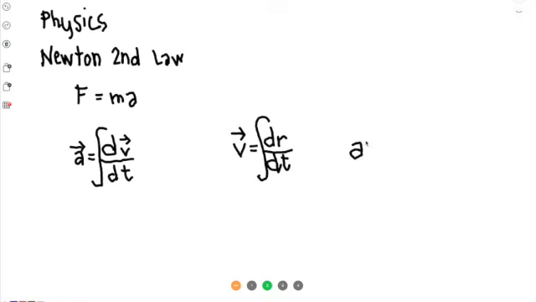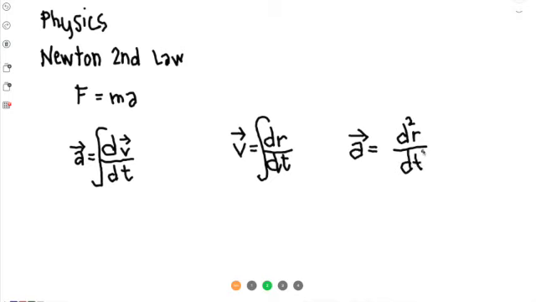So we can simply put that the acceleration of a body would be, just let me write it this way. So this would be the second derivative of the distance over dt squared.